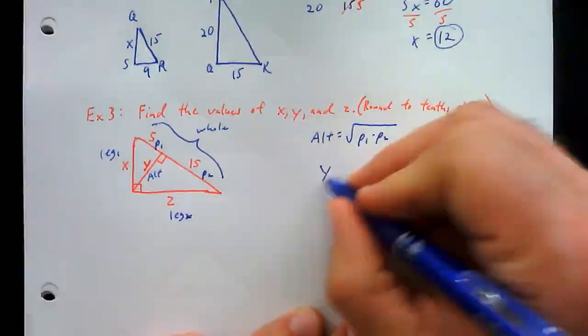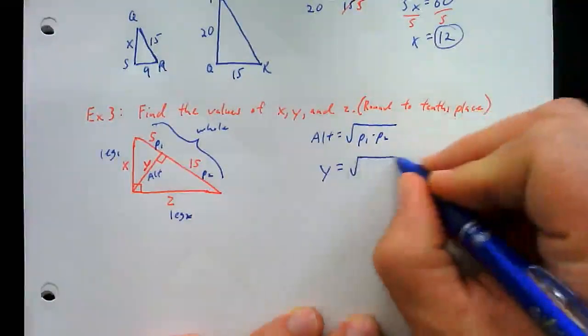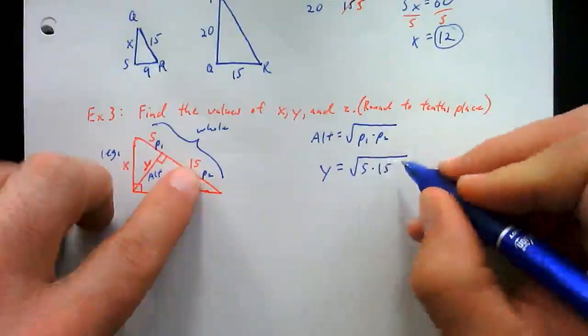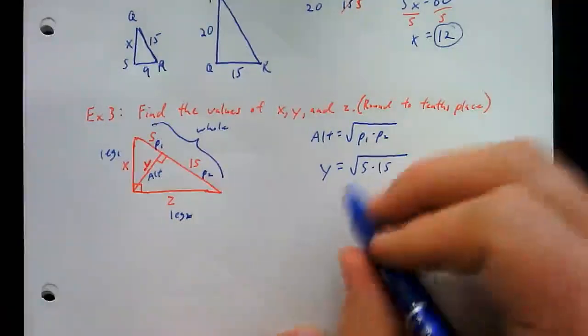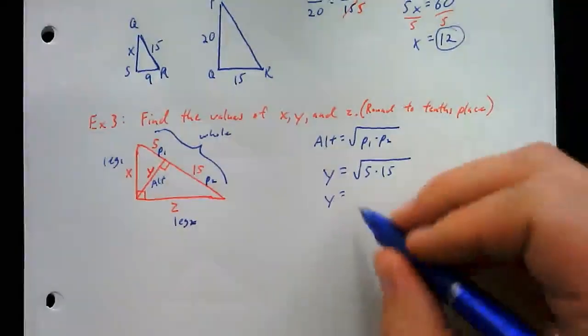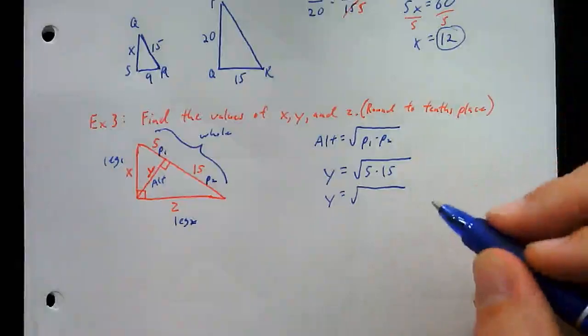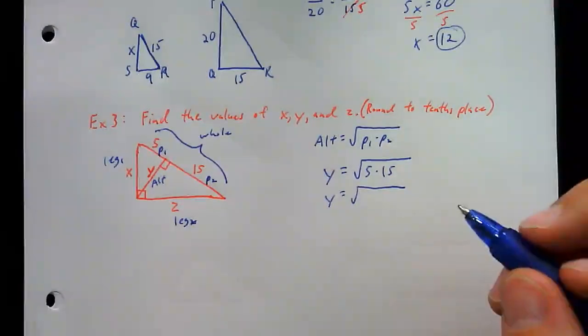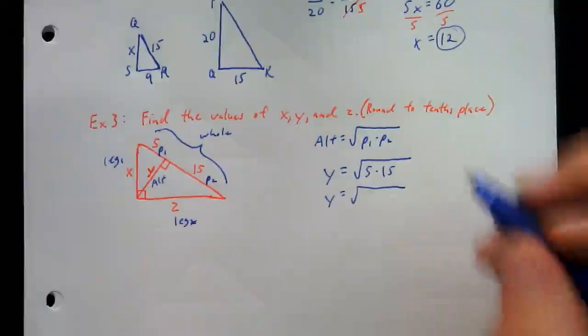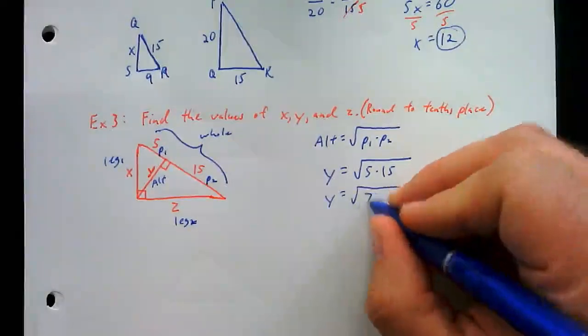So we have y equals part 1, 5, part 2, 15. So now, 5 times 15. 5 times 15 is 75.